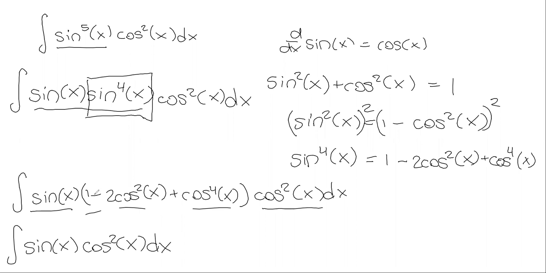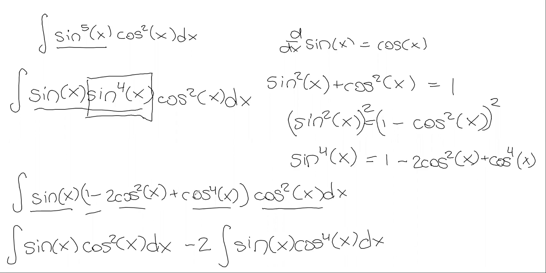Our next term is going to be negative. We're going to have minus 2 times the integral of cosine squared of x times another cosine squared of x. That's going to get us cosine to the fourth power of x, and we're still going to have the sine from before. So we're going to have a sine of x times cosine to the fourth power of x.